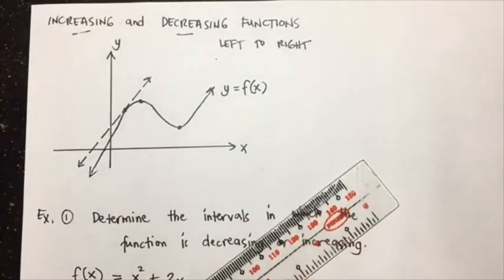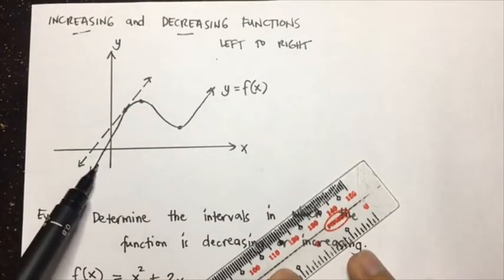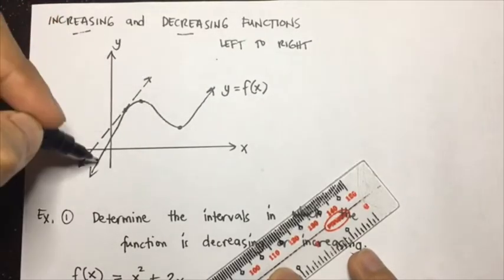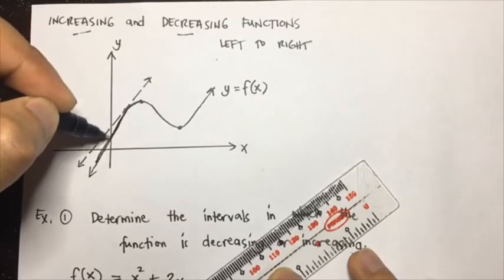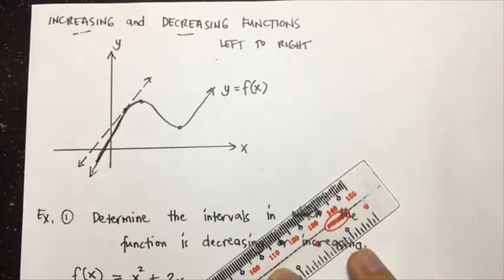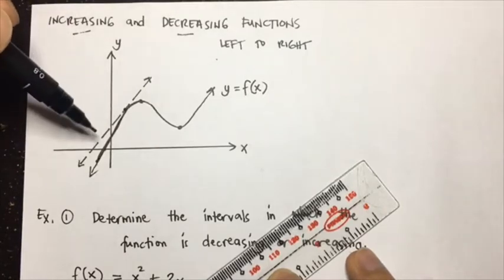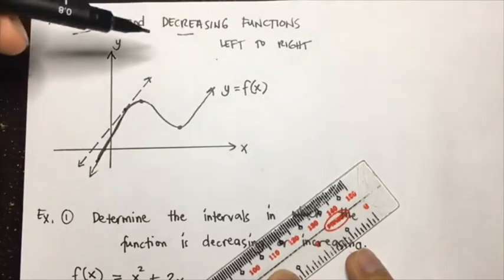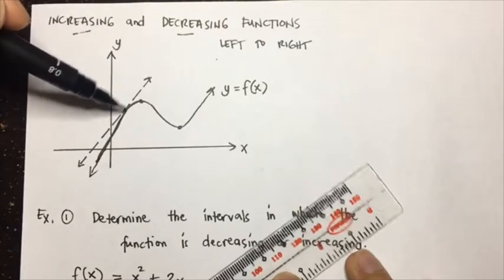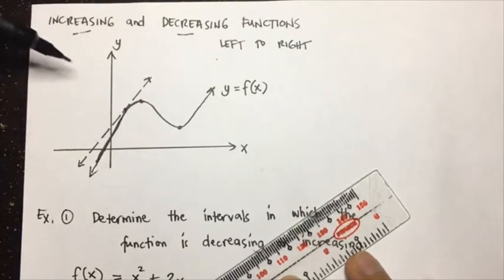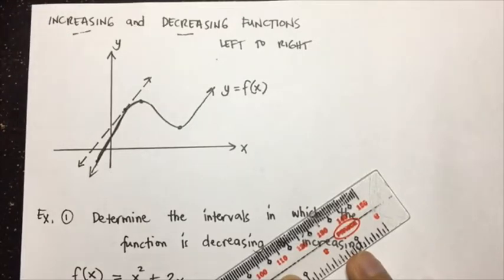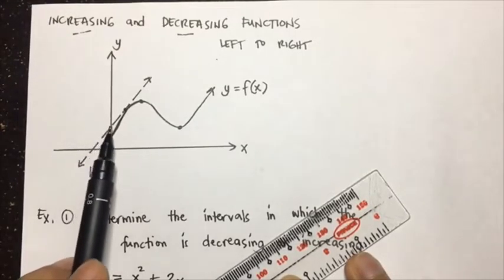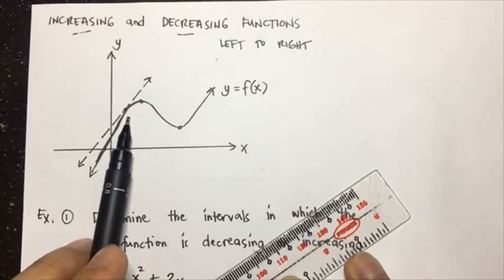Okay, on an increasing trend, from left to right, this part is increasing, right? It is described by a positive slope of the tangent. Since the slope of the tangent is synonymous with the first derivative, the first derivative test works.